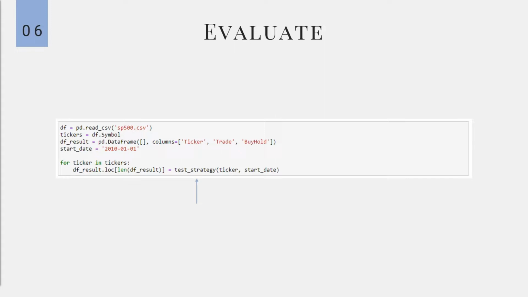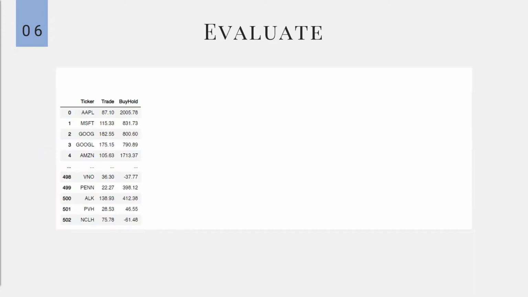And then we give it the ticker and the start date and save it into the data frame, so we can compare it later. And if we run this, we will get this result. So as we see, we have the index first, and then we have the ticker symbol. Then we see how much we would have made if we traded, and then with the buy and hold strategy.